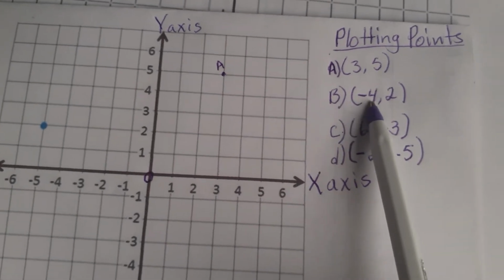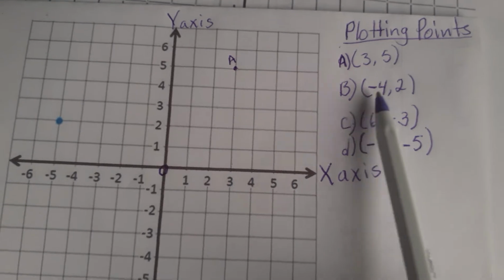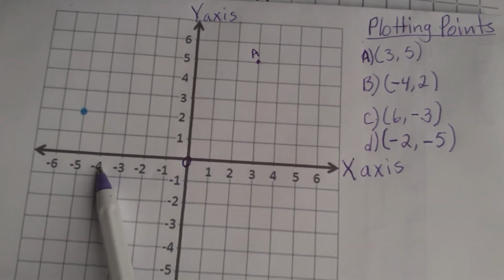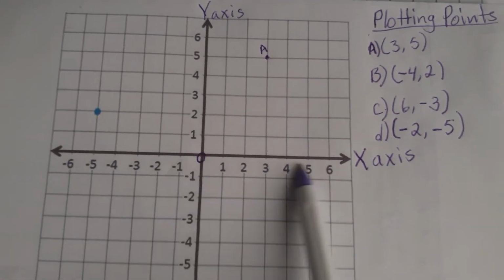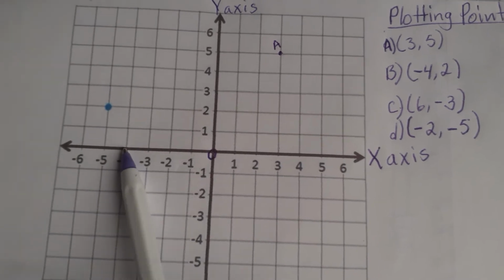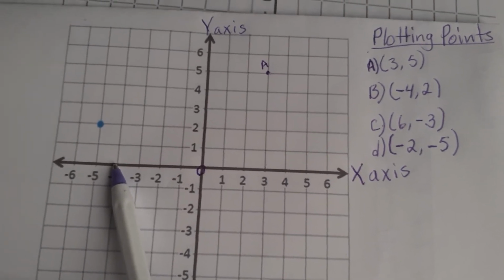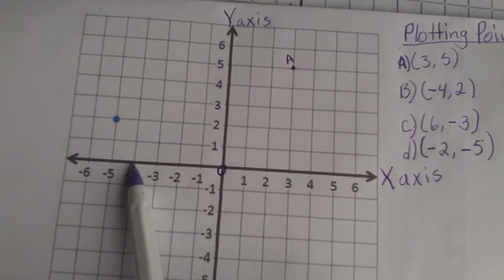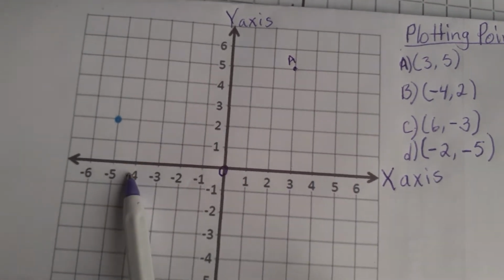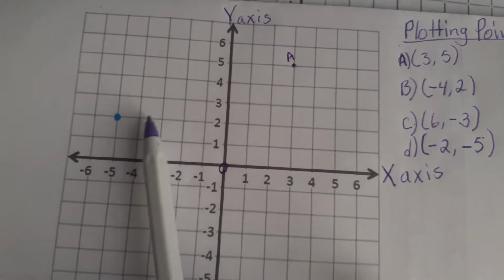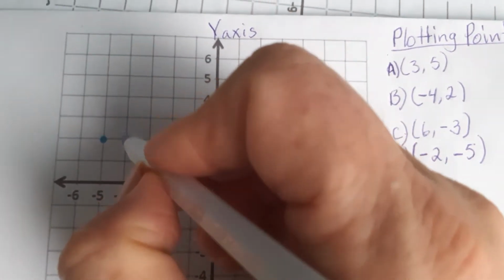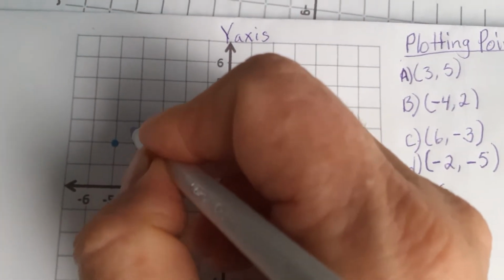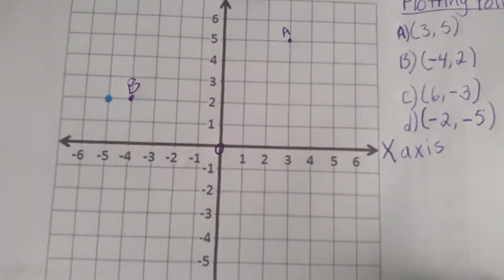Now the first number is on the x-axis, so we go to the x-axis, which is this here. Here is -4. Then we look for 2 on the y-axis. Here is 2. So we go up to where the -4 and the 2 intersect, and we plot the point. So this will be point B.